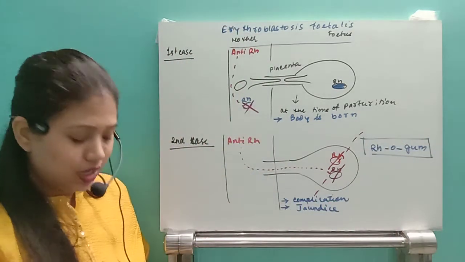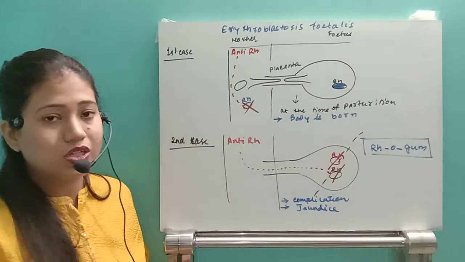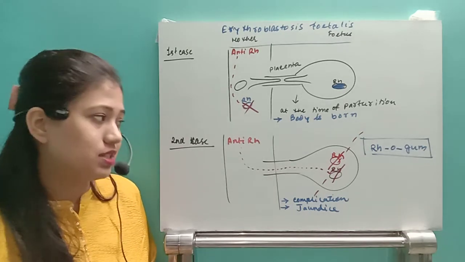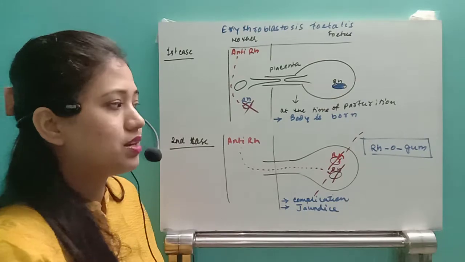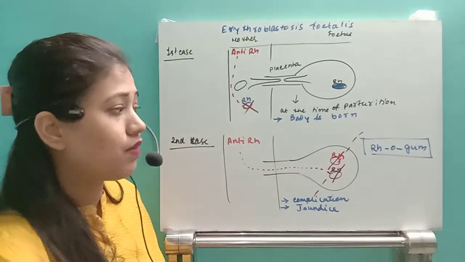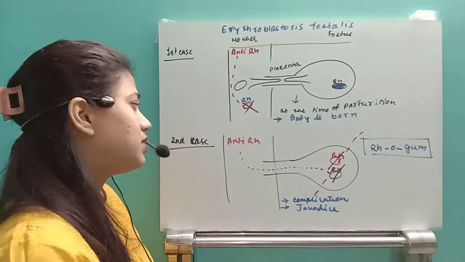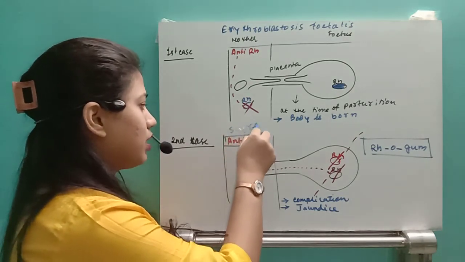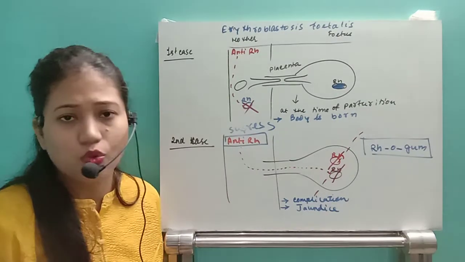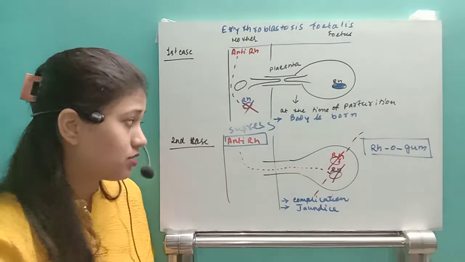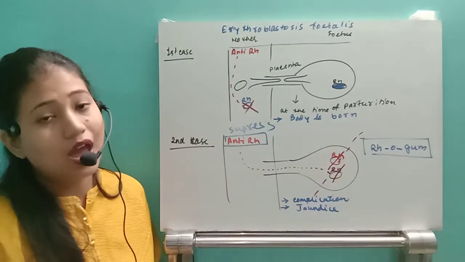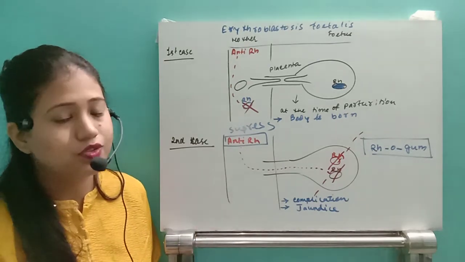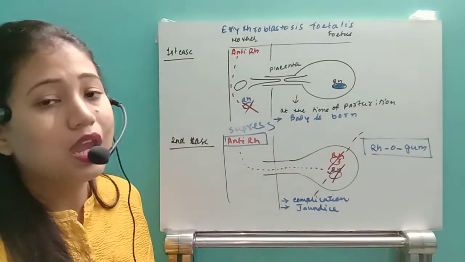If the mother has this type of condition, then right from the time she conceives, she will be given an injection of RhoGAM, so that she can suppress the anti-Rh antibody, and this way the condition, erythroblastosis fetalis, can be controlled to a certain extent.